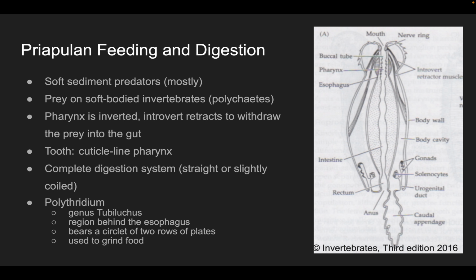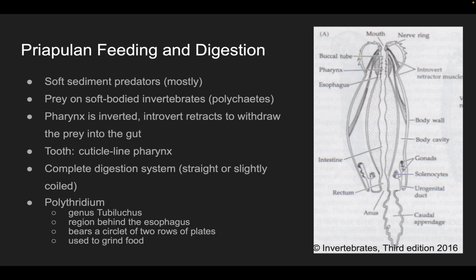The introvert then retracts and the prey is drawn into the gut. The digestive system is complete and either straight or sigmoid. The portion of the gut that lies roughly within the bowl of the introvert comprises the buccal tube, pharynx, and esophagus, all lined with cuticle and together consisting of the stomodeum.